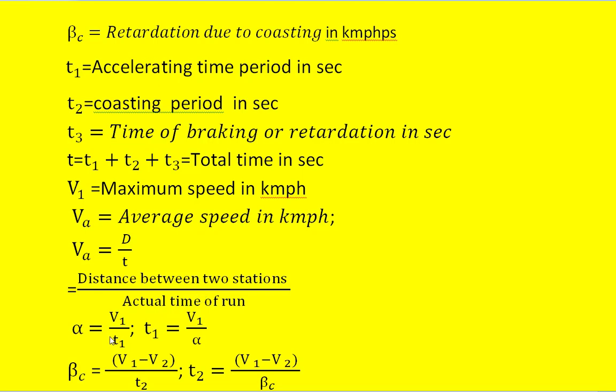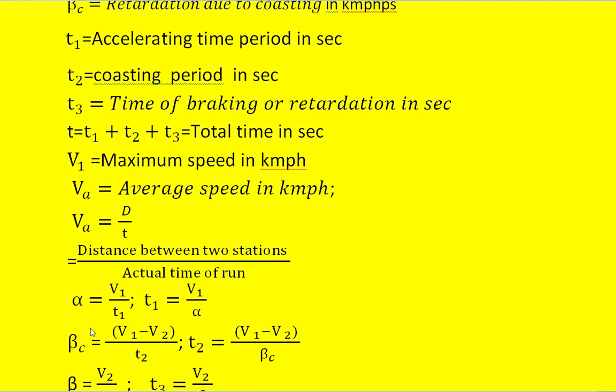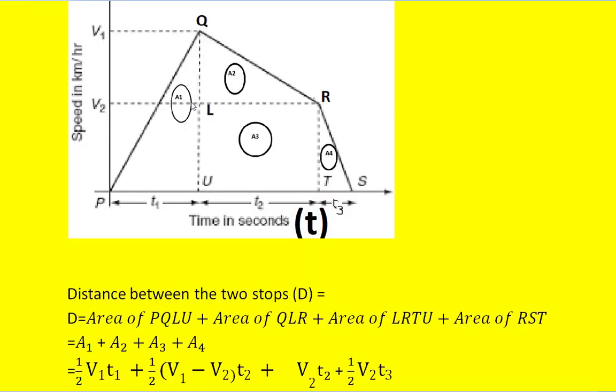So from this we can also write alpha, that is acceleration, is equal to V1 by T1. So here when we look at the quadrilateral diagram, speed time curve, on y-axis we have the speed in kilometer per hour, whereas on x-axis we have the time in seconds, which is represented by small t, and here this is T1.